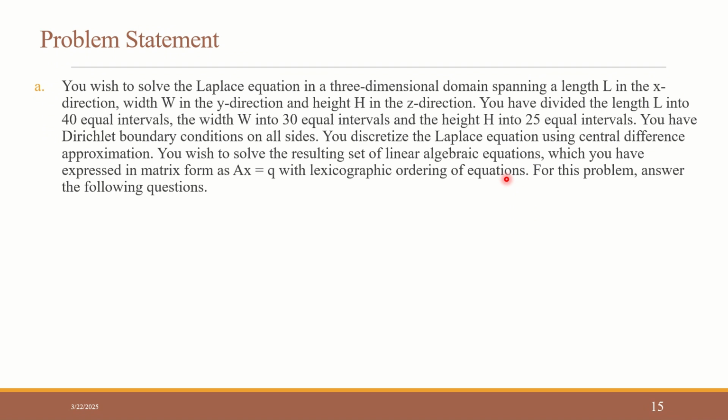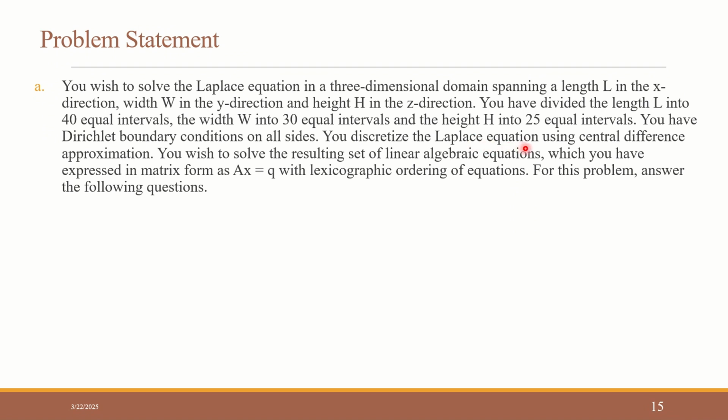And we are using the Dirichlet boundary conditions, which is specifying the value of the variable along the boundaries. So along the boundaries, the number of elements will be reduced, like a layer next to the boundaries will have a number of elements that will be less. So now we are discretizing the Laplace equations.